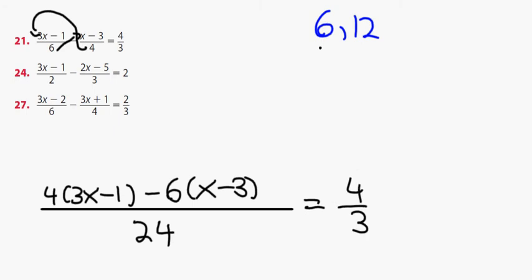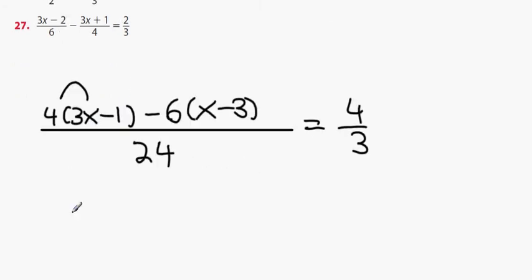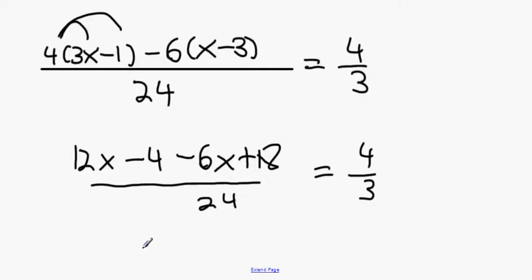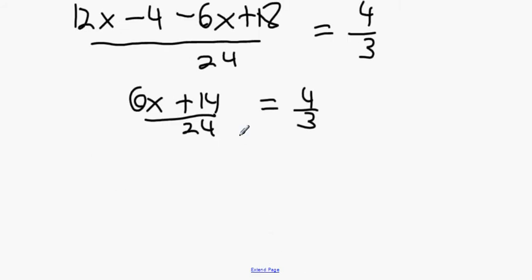Now what happens is we multiply this out. We get 12x minus 4 minus 6x plus 18 all over 24 equals 4 over 3. We take them away and we get 6x plus 14 over 24 equals 4 over 3. You cross multiply then.